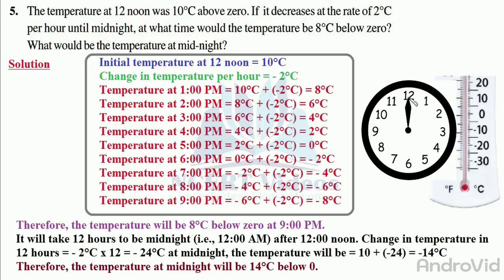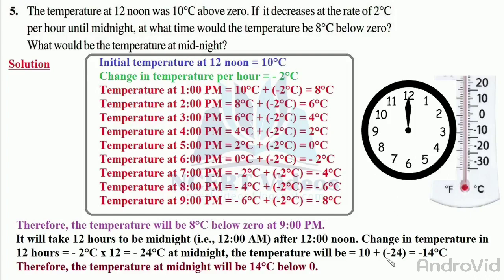So it took 12 hours. So we got to know the number of hours. The change in temperature will be 12 into minus 2, because every hour it changes by 2 degrees Celsius. 12 times 2 is 24, in negative. So now the final temperature at midnight will be 10, the current one.